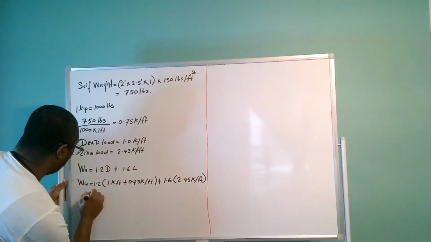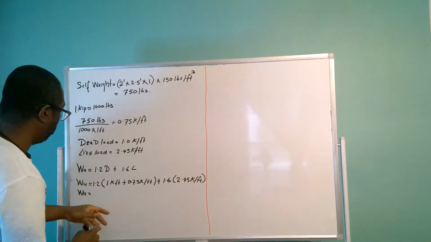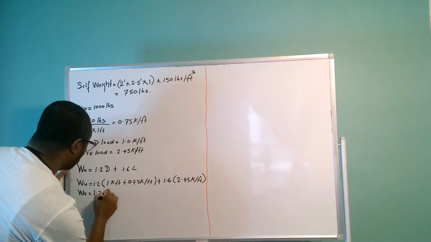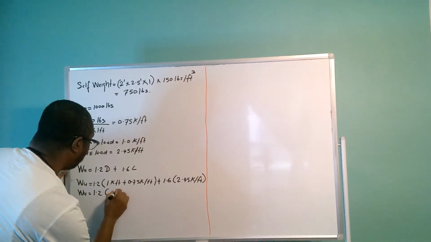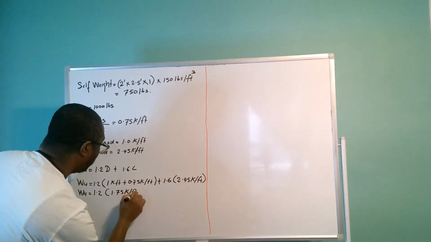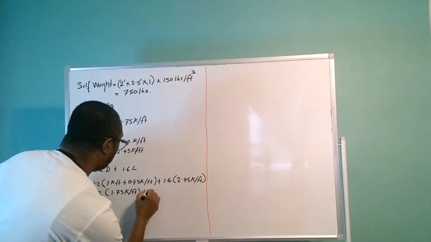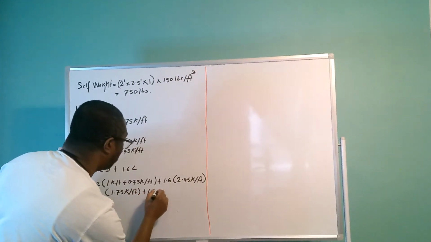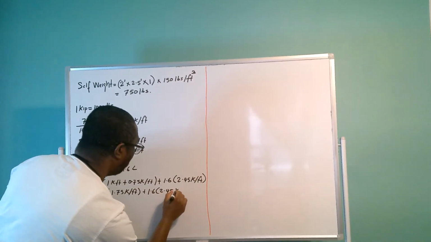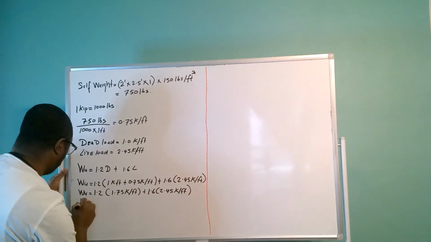And when you work this down now, this is going to be 1.2 times 1.75 kips per foot plus 1.6 times 2.45 kips per foot.